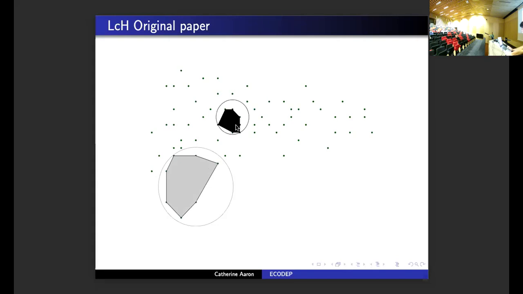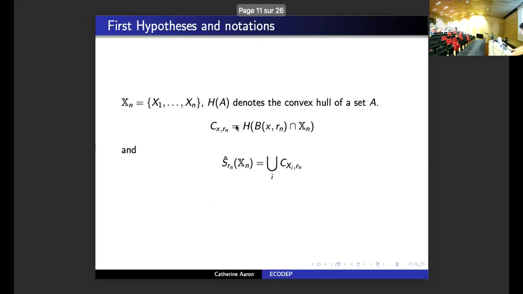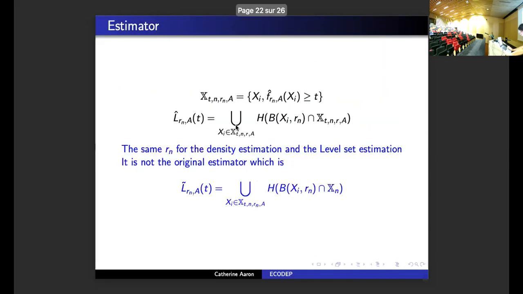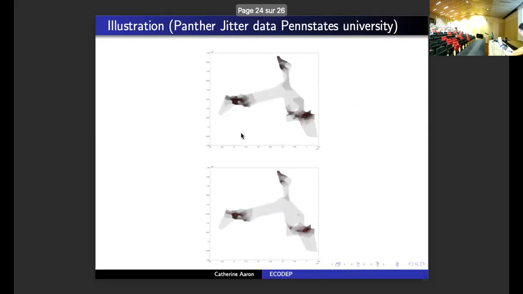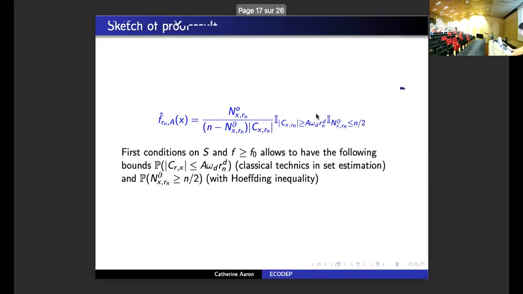It works very well, and that gives such a type of graphic. These are panther locations. I don't remember where. So it works well.